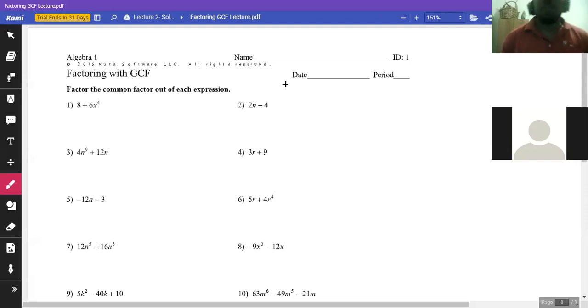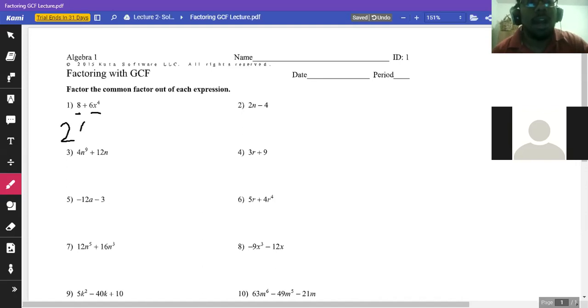The most simple type of factoring is factoring out a greatest common factor, which basically means that I'm going to look at all of the terms in my expression and see what's the biggest number or biggest thing that I can pull out. So, for example, in number 1, if I look at 8 and 6x to the 4th, the biggest thing that I can divide 8 and 6x to the 4th by evenly is 2.